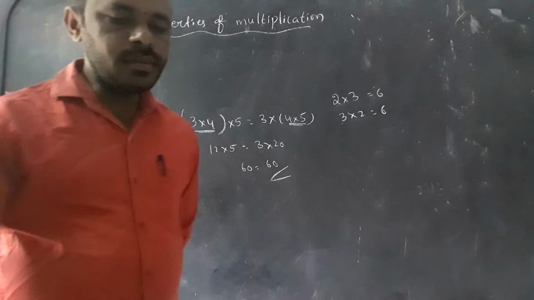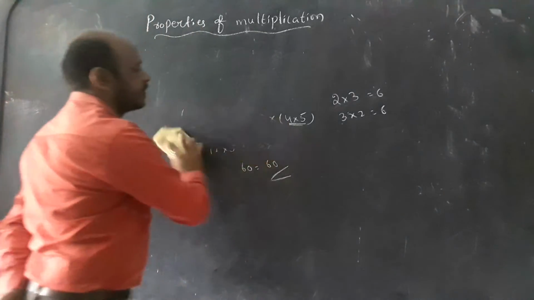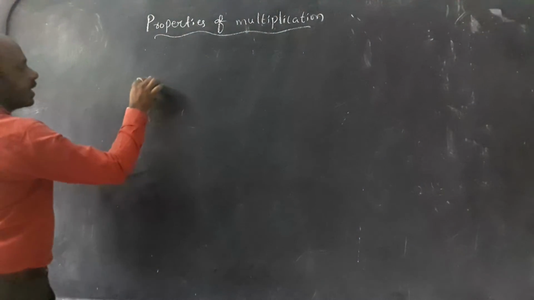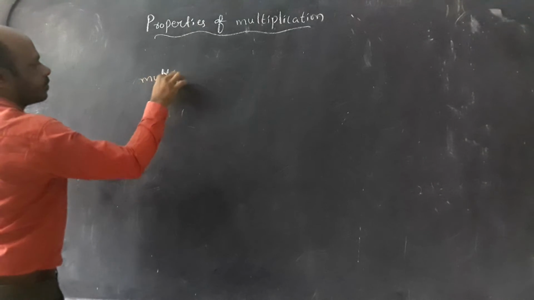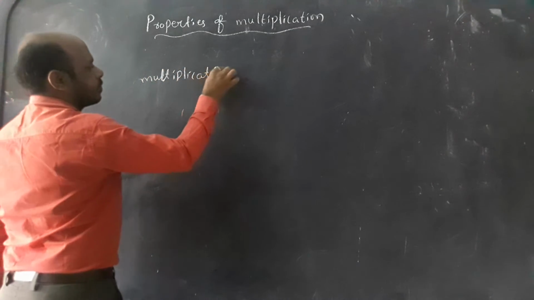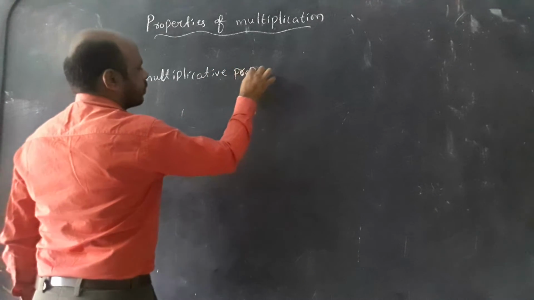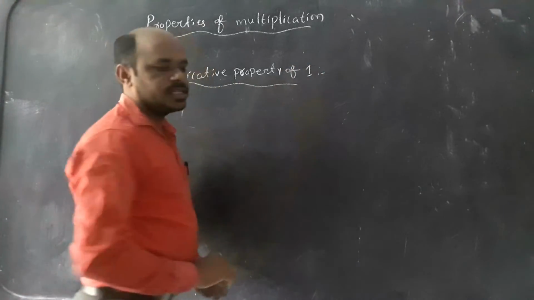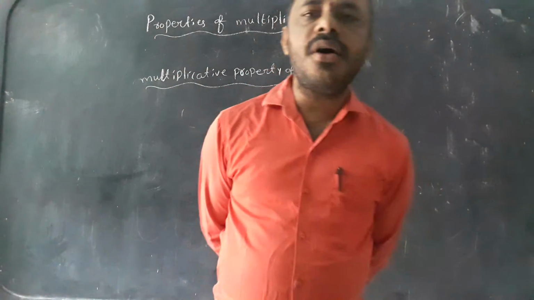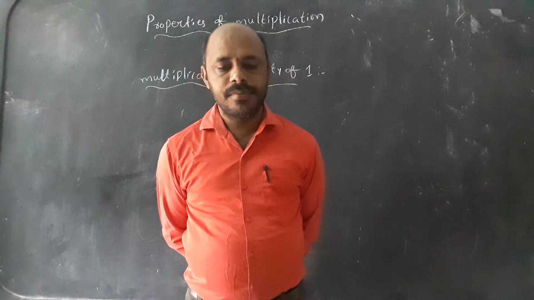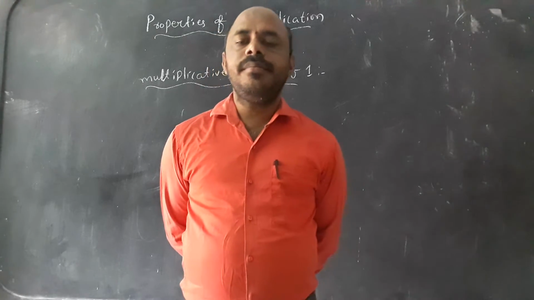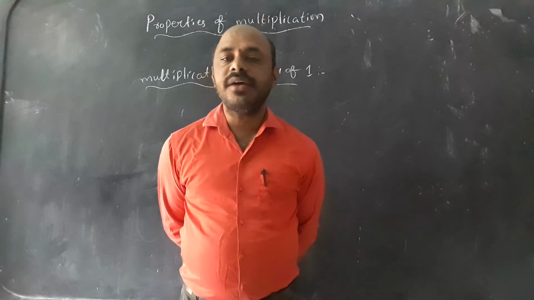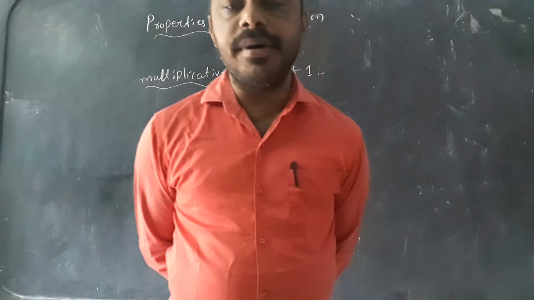Next one, multiplicative property of 1. Multiplicative property of 1 means whenever we multiply a number by 1, the product of a number and 1 is the number itself.